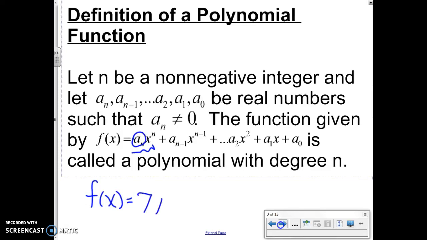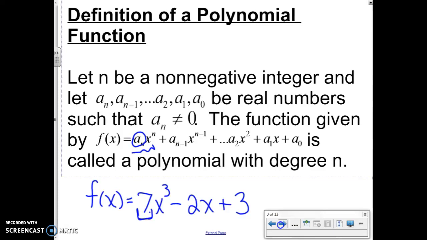So if I had 7x to the third minus 2x plus 3, something along those lines, the degree of this polynomial would be 3 because that is the largest exponent involved. The leading coefficient is 7. Notice it was okay to have 0 as a coefficient for the x squared term in that one. That's fine. It just says the leading coefficient can't be 0. And so that's how we're going to determine the degree.